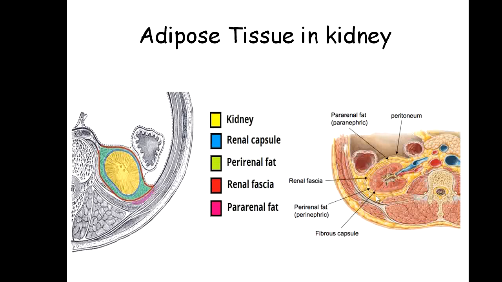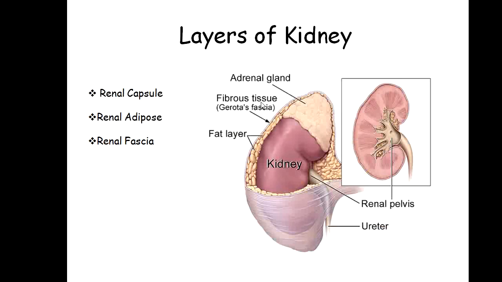And these fats on the lateral side are in large amounts. These fats and these fats are the same. So these fats represent the pararenal fats, all the fats which are present outside this layer, the renal fascia. All the fats present outside this layer are called pararenal fats.